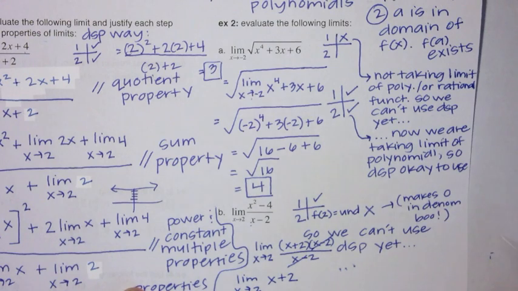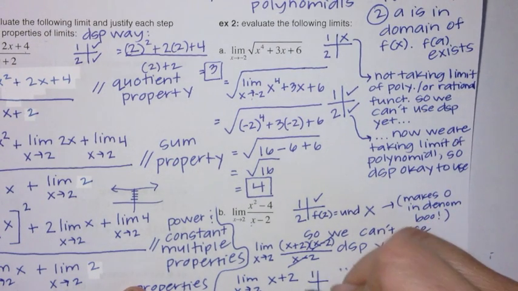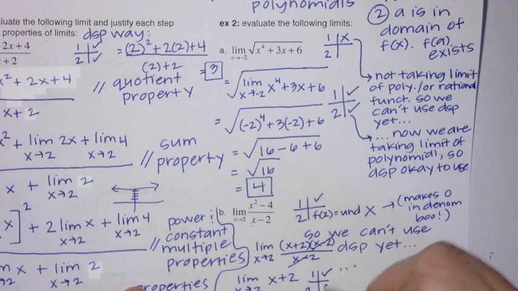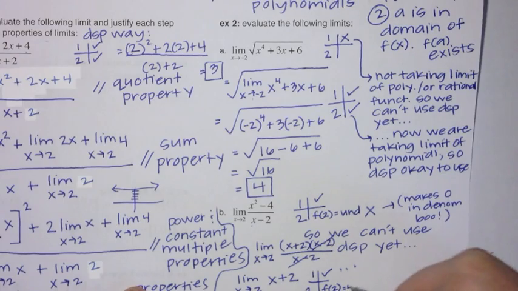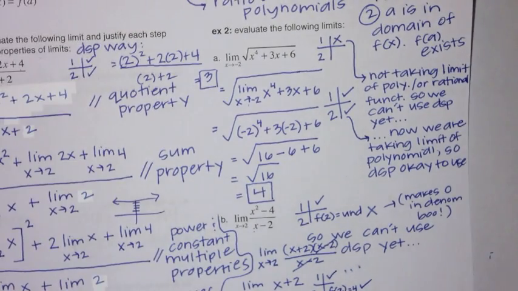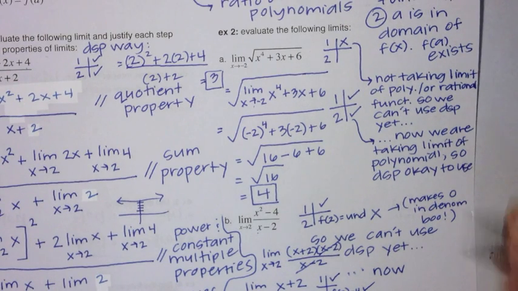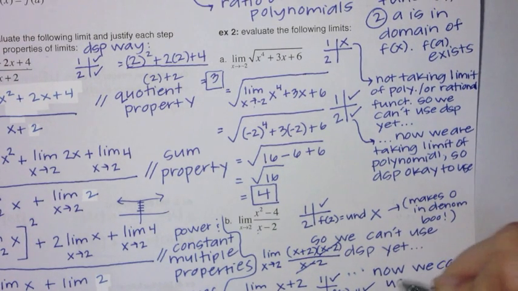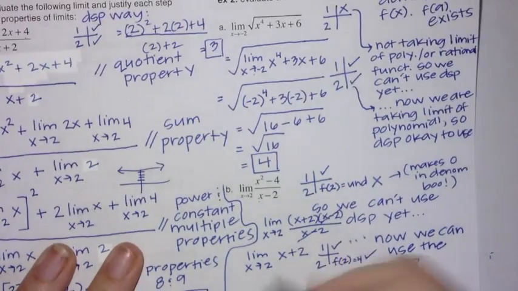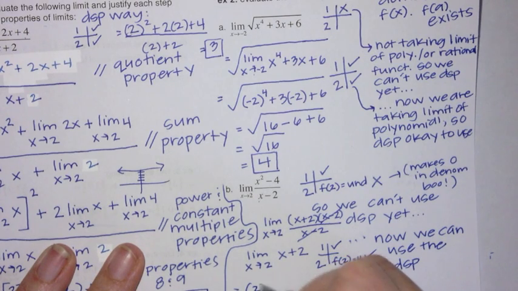What? So if I do my 1, 2 check, 1, and then does f of 2 exist? Yep, it's 4, so that's a check. So now we can use the DSP. Okay, so we're just going to do 2 plus 2.